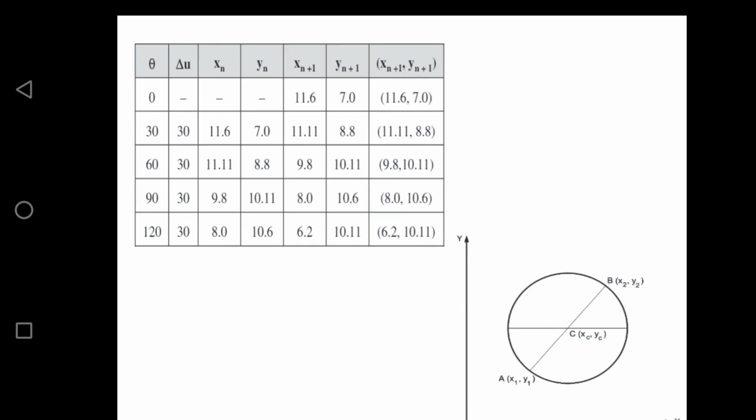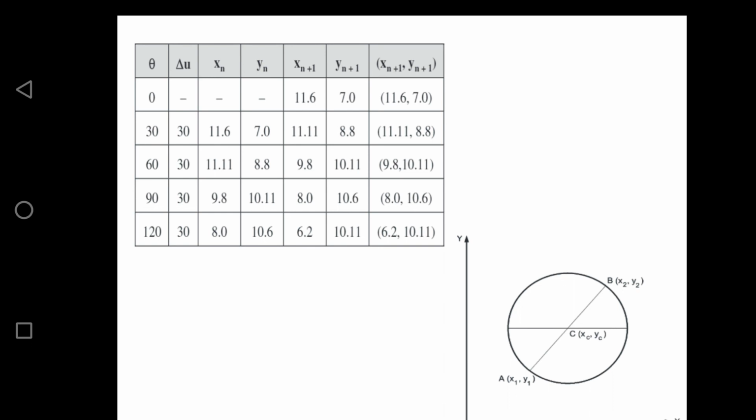At theta equal to 0, for delta u, we don't have any superior point, because we are starting from here. So xn plus 1 and xn, yn plus 1 and yn are the same: xn plus 1 as 11.6 and yn plus 1 as 7.